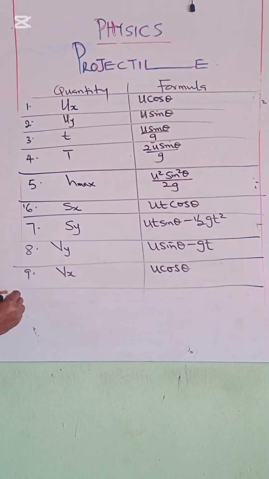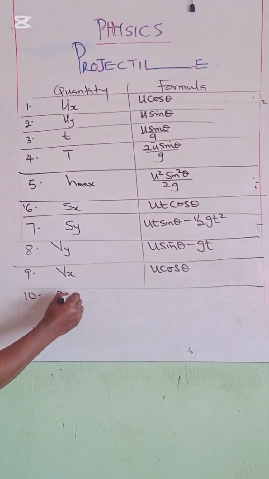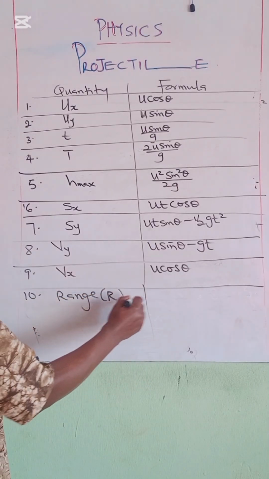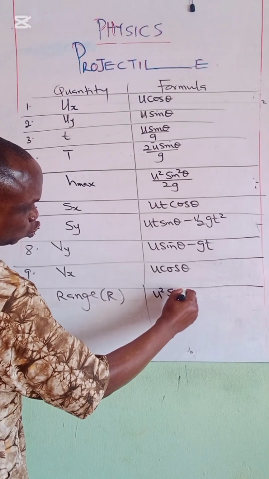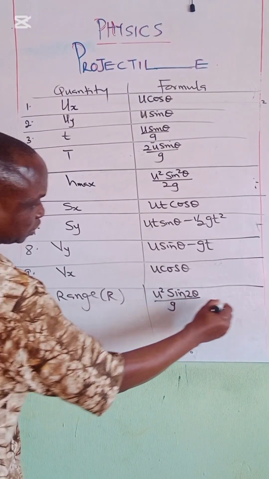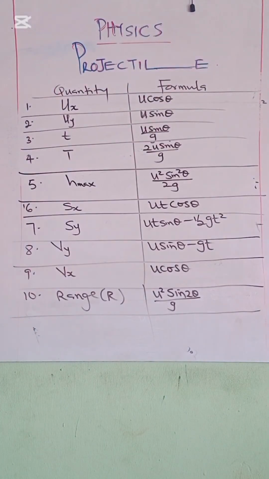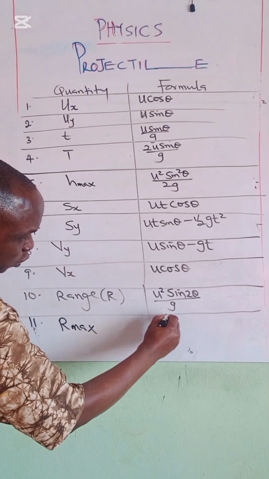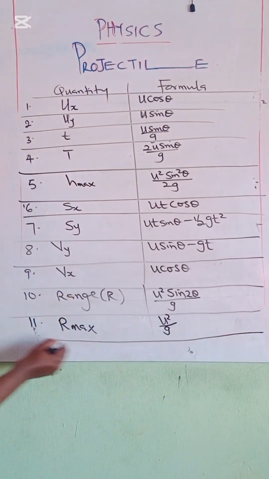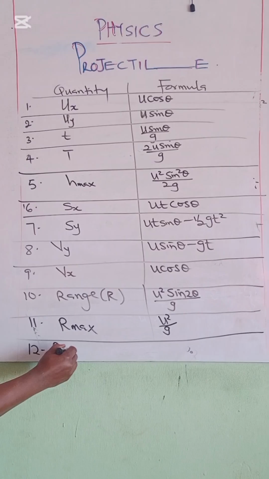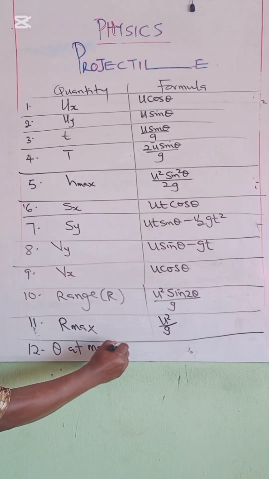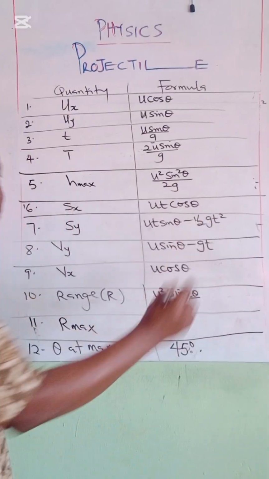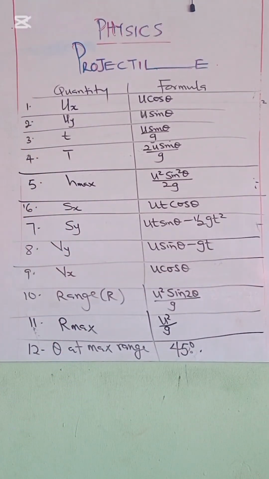The projectile range R is given to be U squared sin 2 theta, everything all over G. Then we talk of maximum range, U squared all over G. Then we talk of angle theta at maximum range, which is 45 degrees.